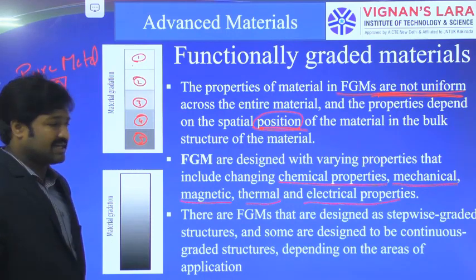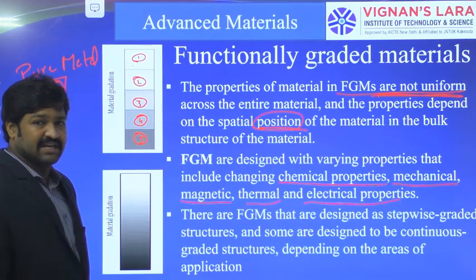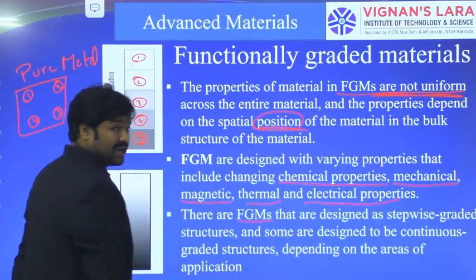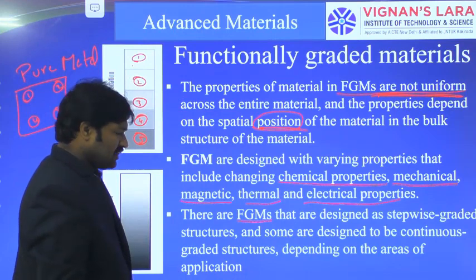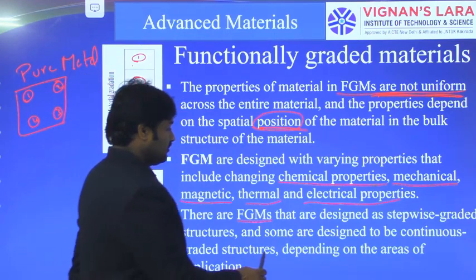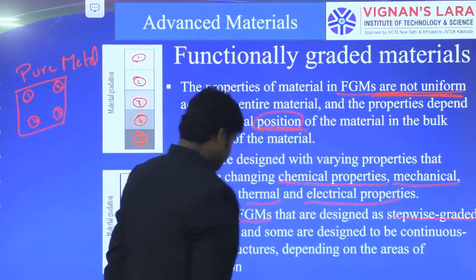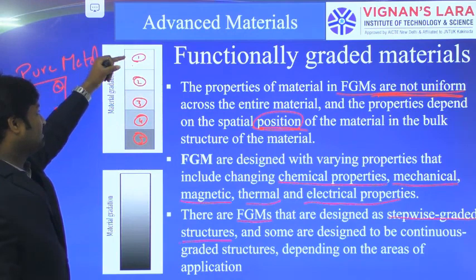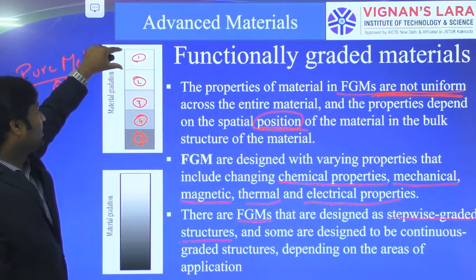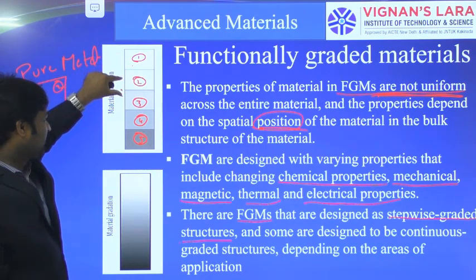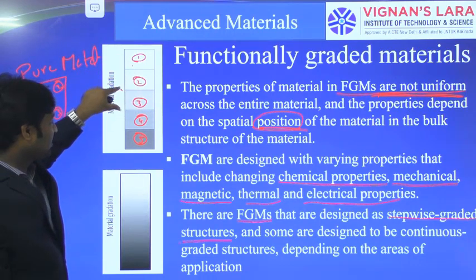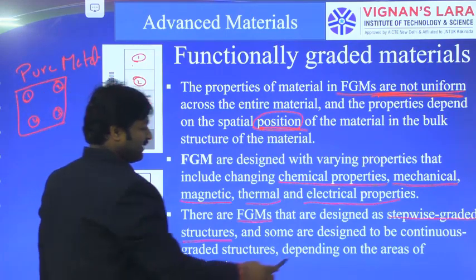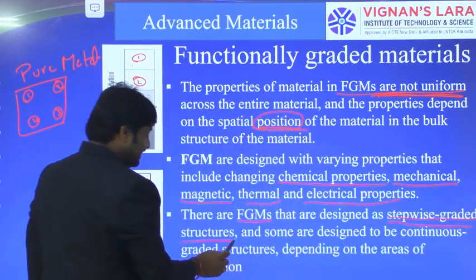There are FGMs that are designed as stepwise gradients, that is, stepwise graded structures. Here, if we consider this, the composition from here to here is uniform, and from here to here it is uniform. Along this complete section the property is the same.